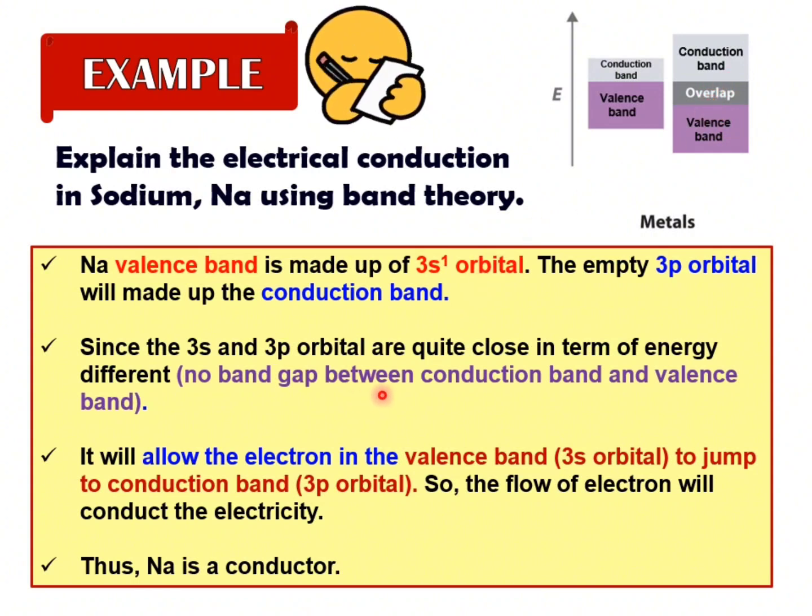So no band gap between conduction band and valence band. That's why the electron easily jump atau easily flow from valence band to conduction band. So that's why this sodium metal can conduct electricity. So we know that sodium is the best conductor. Okay? So this is band theory.